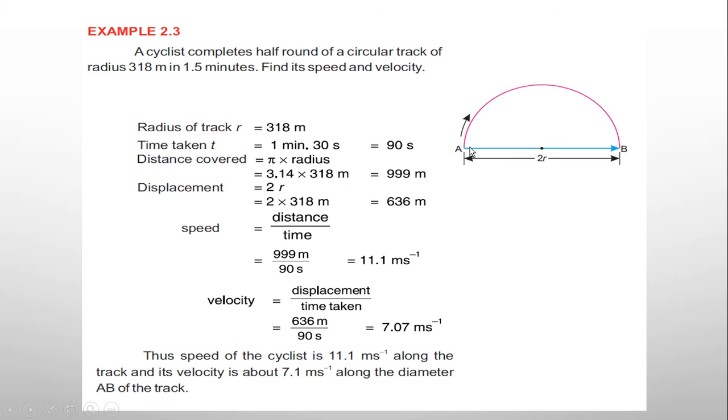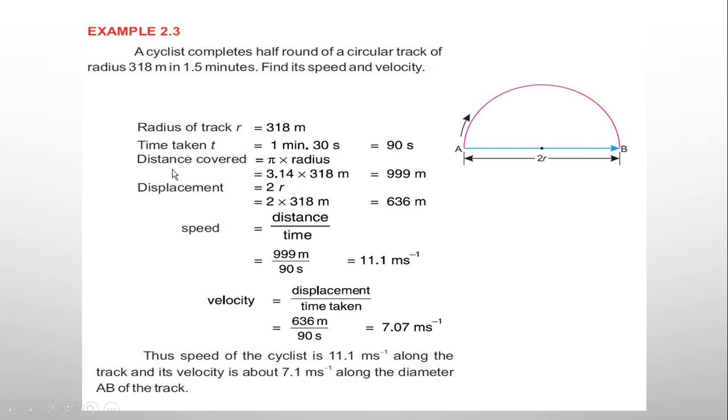You know that this is the semicircular path, and for the full circumference of a circle you use the formula 2 pi r, meaning 2 pi multiplied by radius. So for a semicircle you will apply the formula for distance covered as pi r, meaning pi multiplied by the radius. Pi is a constant, its value is 3.14.